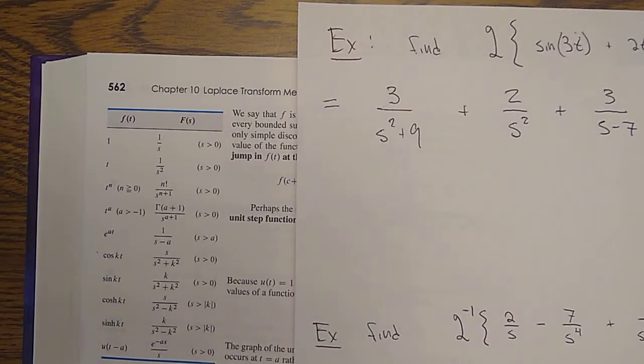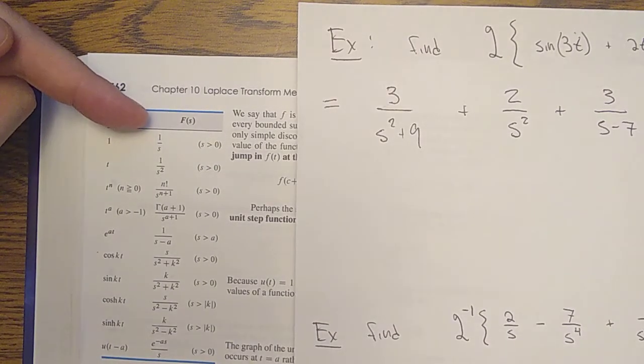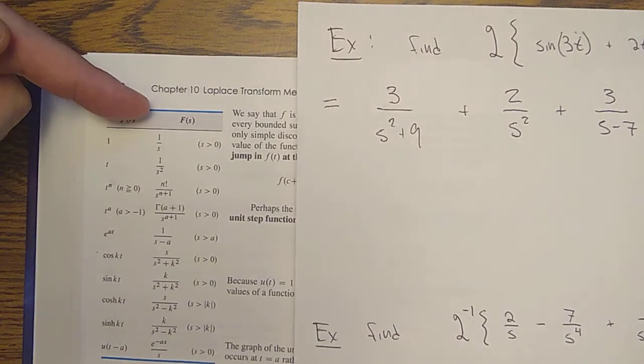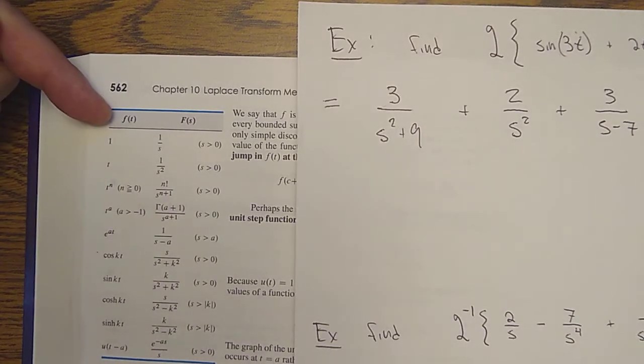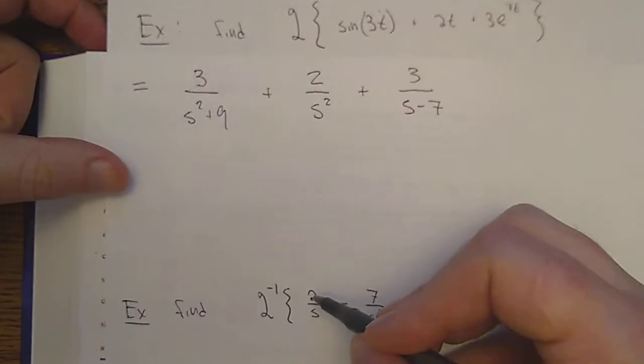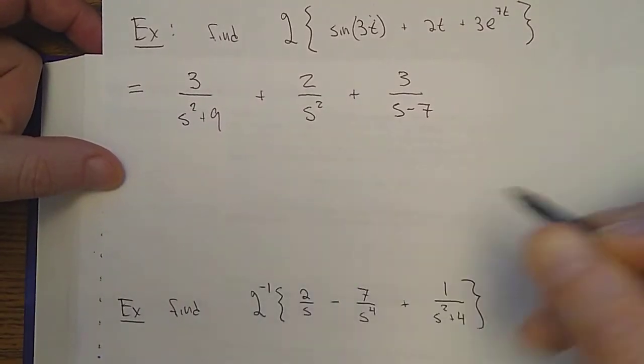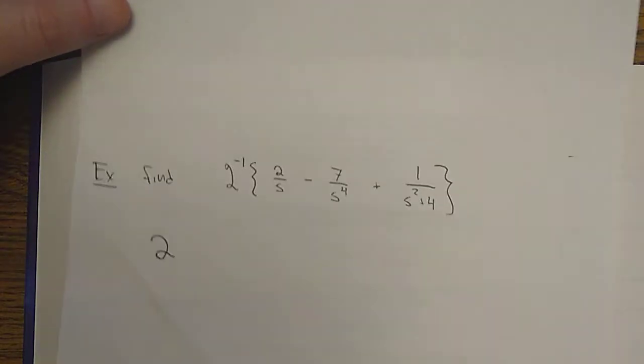So, let's see. I've got a 2 over s. Well, in the table, I do see 1 over s. So the inverse Laplace transform of 1 over s would just be 1. So the inverse Laplace transform of 2 over s would just be 2. Because again, that's how we do constant multiples.